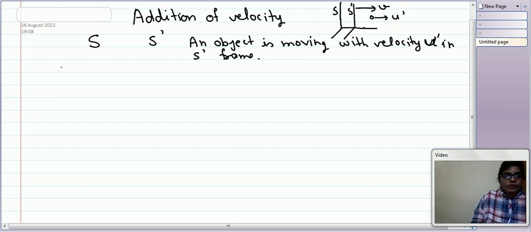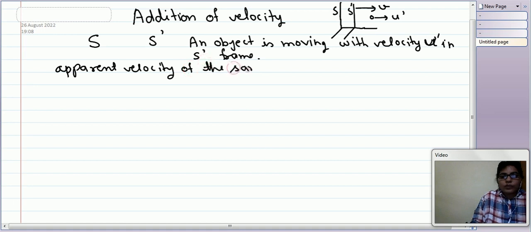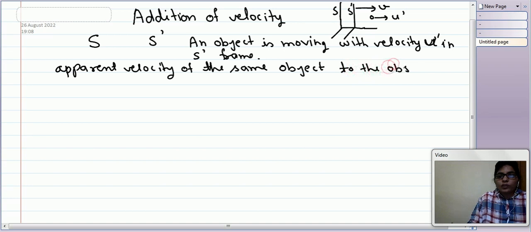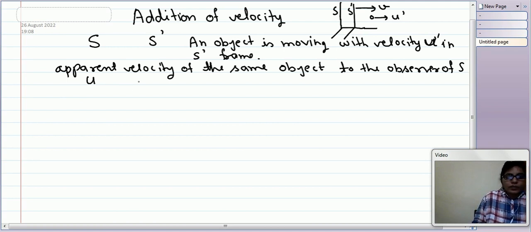Our objective is to find the apparent velocity of the same object to the observer of the S frame, that is u. So we have to find the relation between u and u dash.